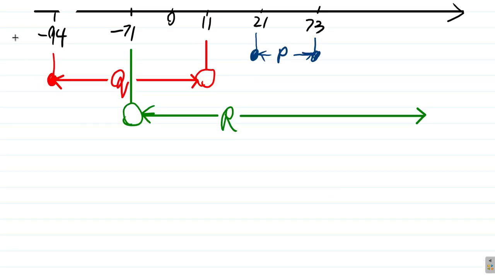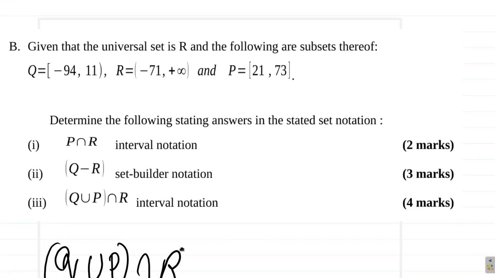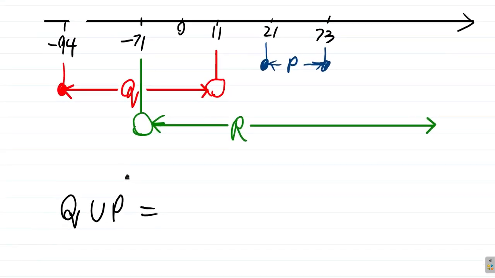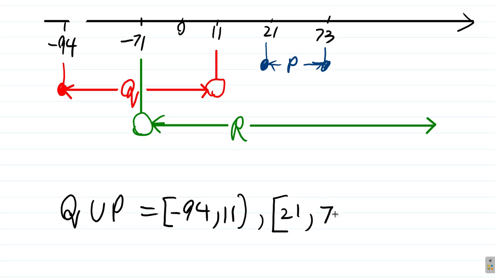So what we can say is that Q union P equals, it's in Q, so Q is negative 94, 11, so negative 94 comma 11. Oh, 11 is not included, so there's a round bracket, comma, P is 21, 73. That's Q union P, right? Both of them.